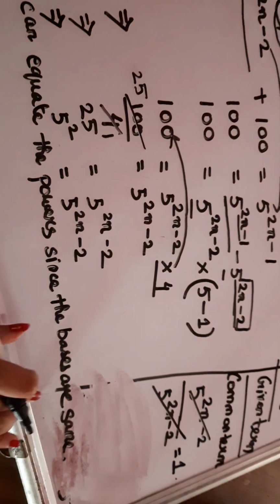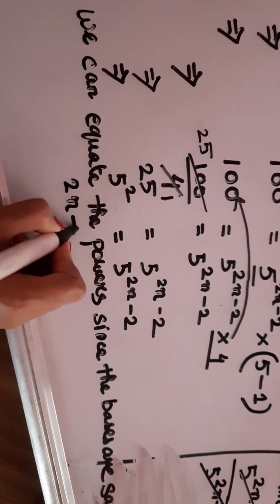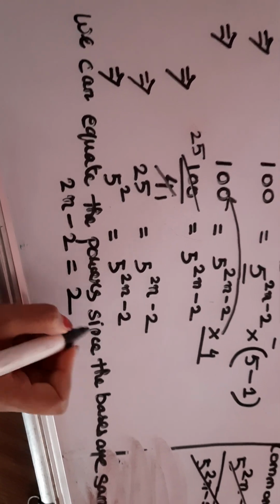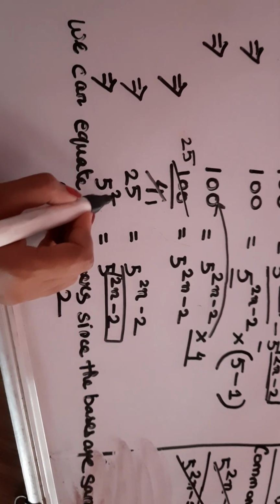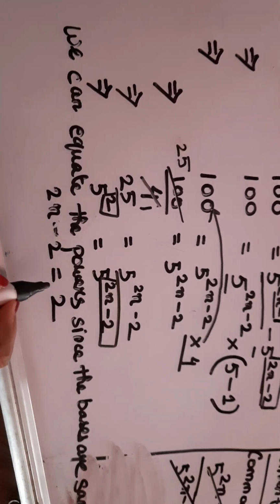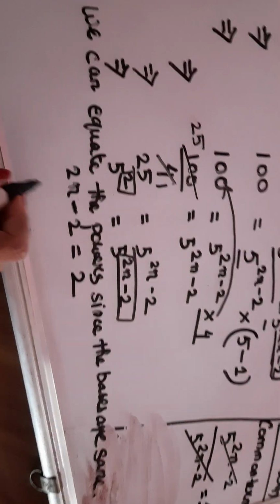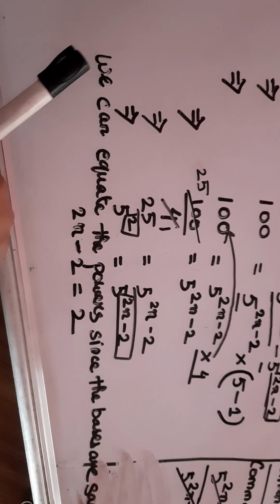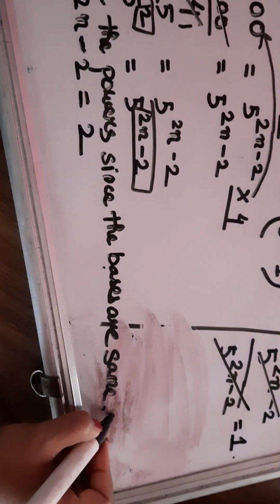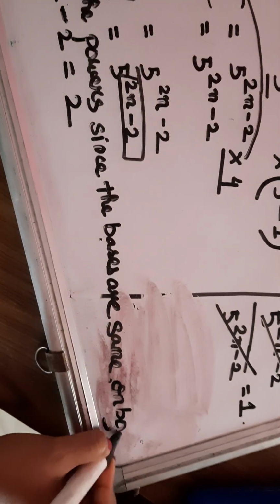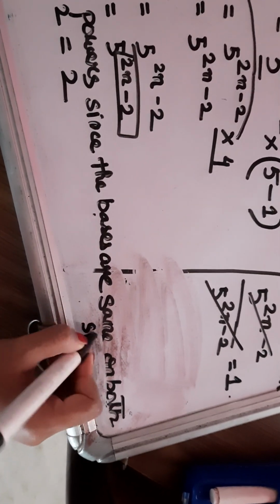Okay, now we can write it in this way, 2n minus 2 equals to 2. We will just equate the powers. What are the powers? This one 2n minus 2 and the other one is 2. So we will just equate the power on both the sides. Okay, and you can just add something to this line, that we can equate the power since the bases are same on both sides.